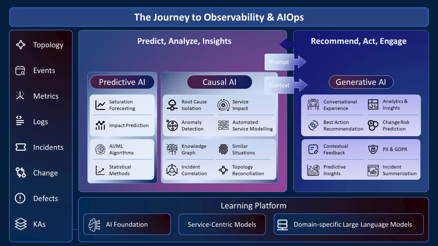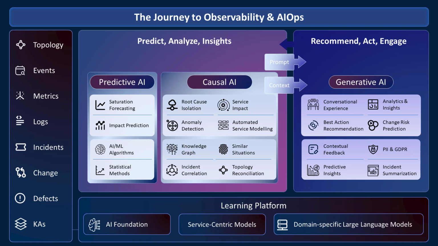You need to have artificial intelligence and machine learning algorithms and statistical methods for predictions. You need to have causal AI that knows how to analyze what the cause of a problem may be. And that includes things like root cause isolation, which we saw, service impact, which we saw in the demo, automated service modeling, anomaly detection.